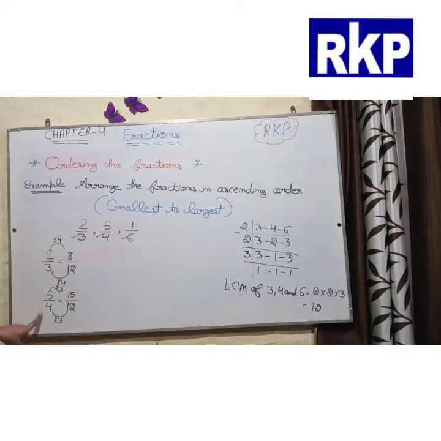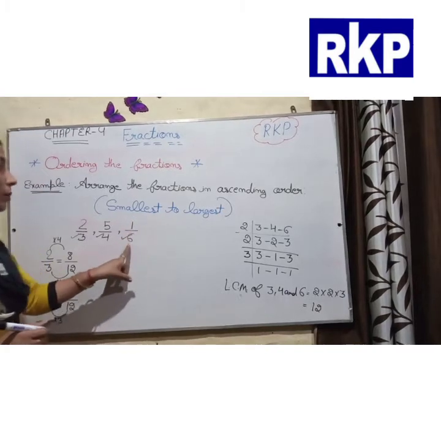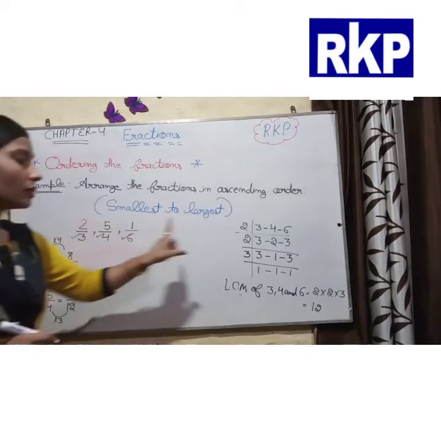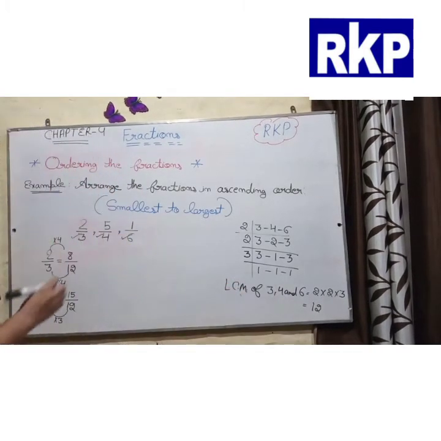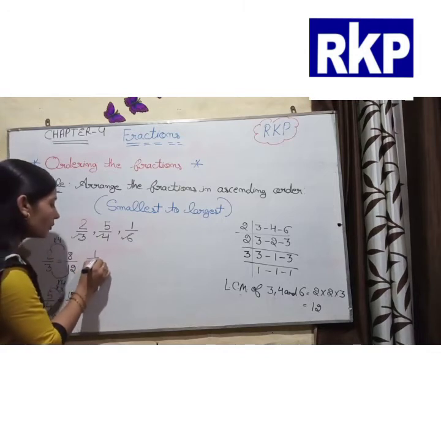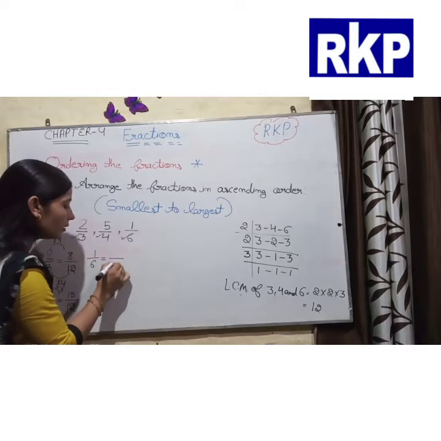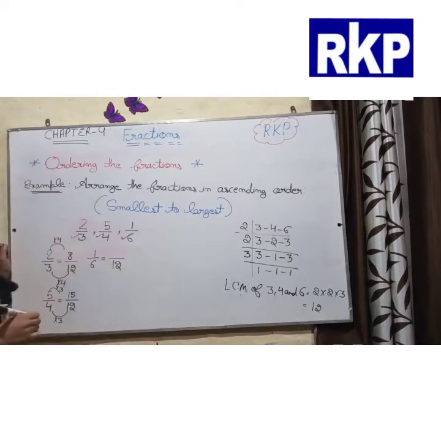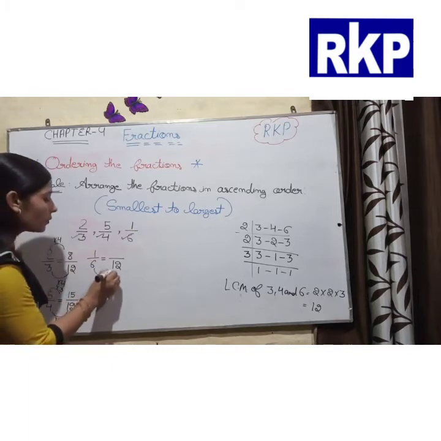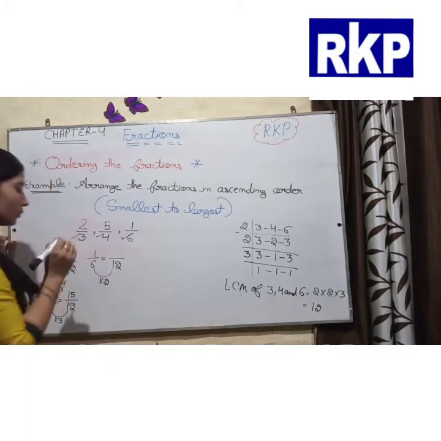Now we have to write the equivalent fraction of 1 by 6 with denominator 12. So write here 1 by 6 is equal to something by 12. And how can we get 12 from 6? By multiplying with 2.